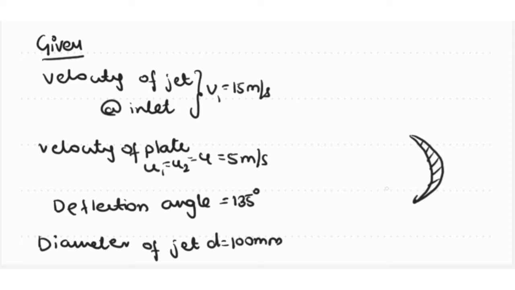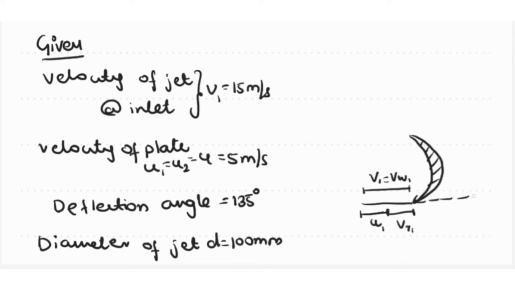So I will draw jet of water striking this curved vane without making an angle with a velocity v1. So the plate is moving at the velocity u1. So this is u1. So what is left is vr1, that already we have discussed. So v1 will be vw1 in the inlet part. So let us go with the outlet triangle part.